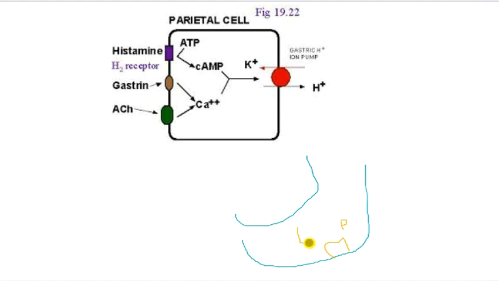This is the parietal cell. This is the lumen of the stomach, and this is the wall of the stomach. So the parietal cell is present in the wall of the stomach, and here is the lumen, and here is the wall.